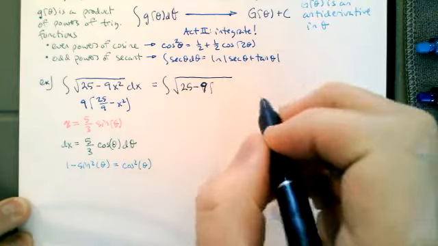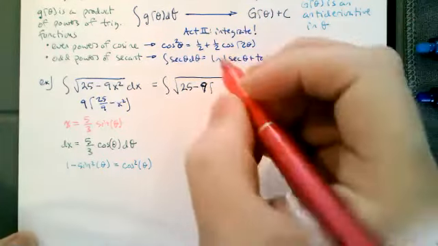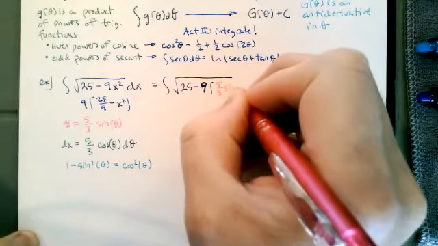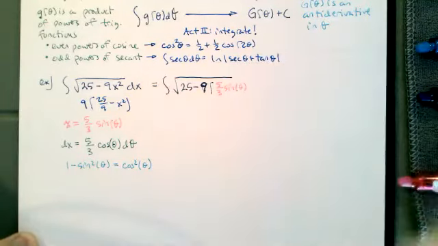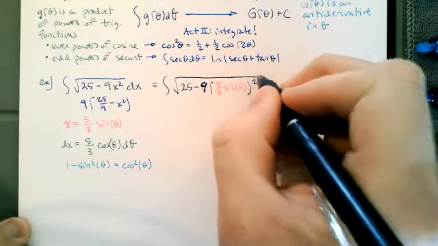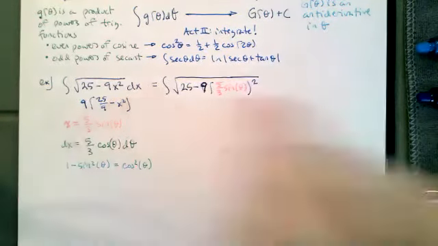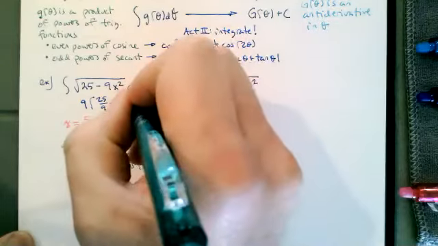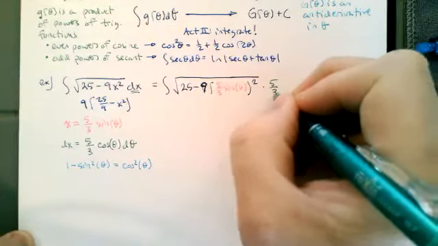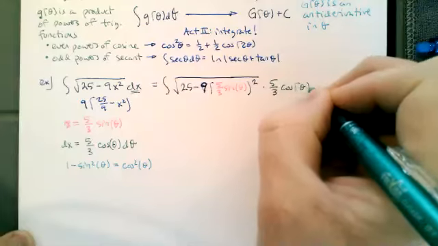That was a half save. And then the x gets replaced with 5/3 sine of theta squared. That's only part of the substitution. We also have to substitute the dx, and that's going to be 5/3 cosine theta d theta.